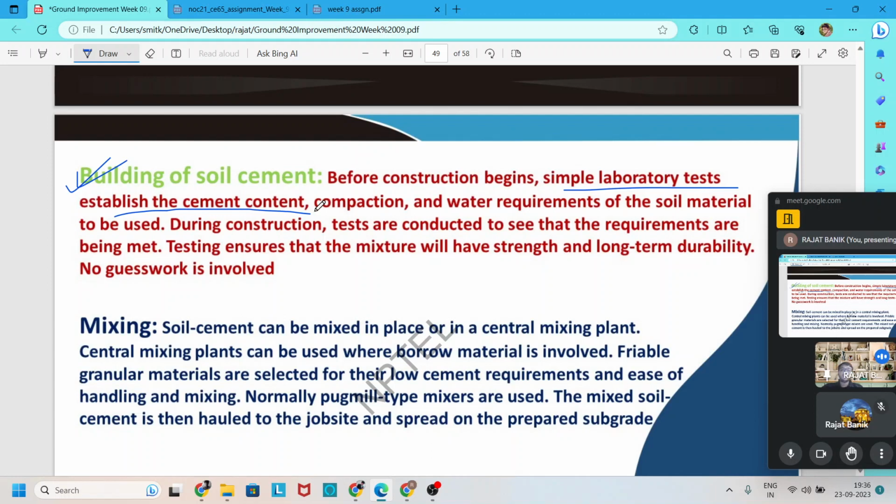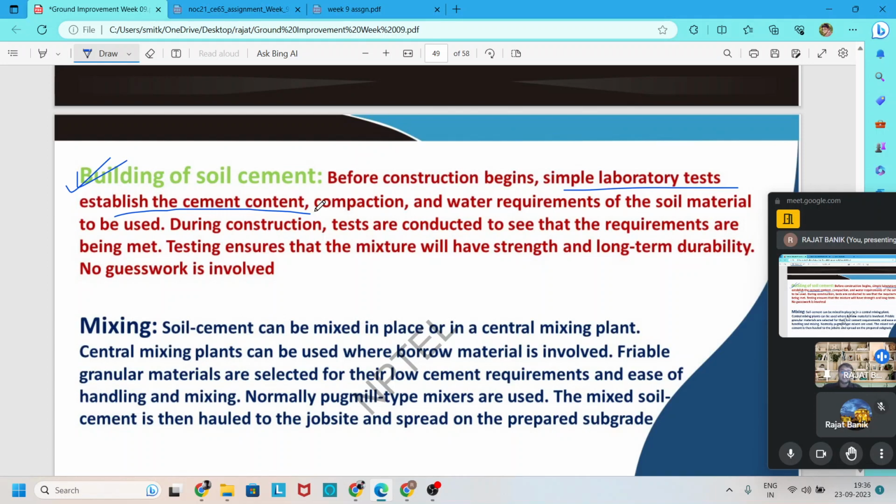Now about the mixing: how is it mixed in the field? Soil cement can be mixed in place or in a central mixing plant. Like many other construction sites, there is one central mixing plant, and in a similar way, we mix soil cement in a central mixing plant. A central mixing plant can be used whether or not borrow material is involved.